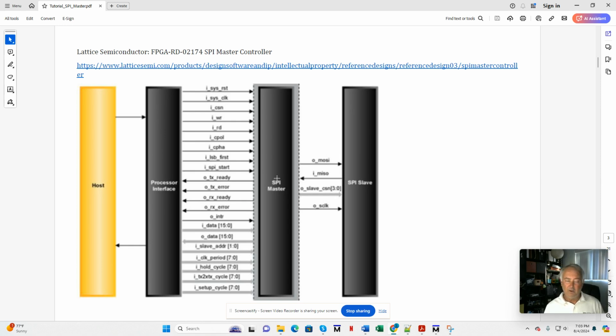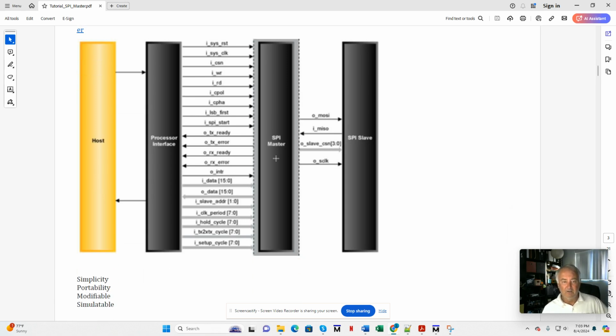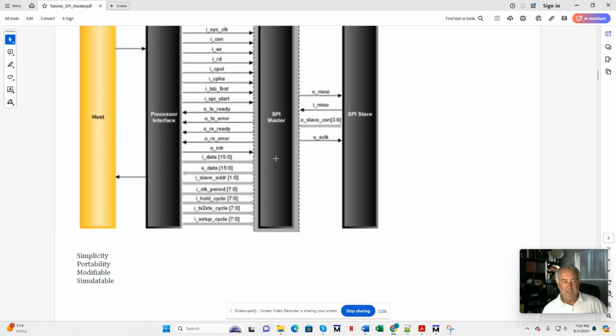All right, so with all this free IP out there, why are you going to code your own SPI Master? Well, a few reasons. One, these SPI Masters, they're like the Swiss Army knives of SPI Masters. They do everything, and as a result, they're very complex.